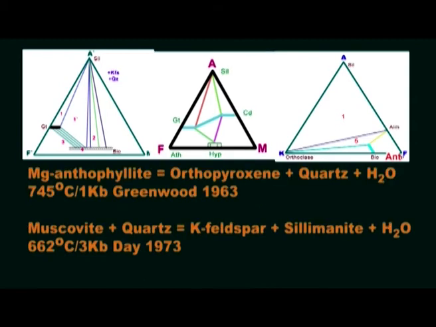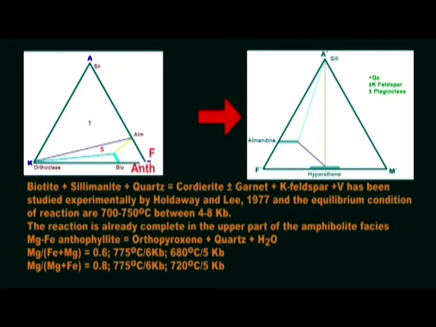Mg anthophyllite give rise to orthopyroxene plus quartz plus water, 745 degrees centigrade, 1 kilobar, carried out by Greenwood 1963. Muscovite plus quartz give rise to potash feldspar plus sillimanite plus water, 662 degrees centigrade, 3 kilobar, by Day 1973.